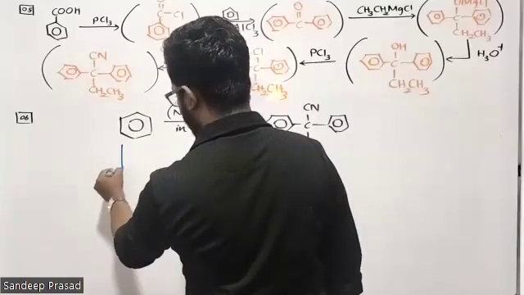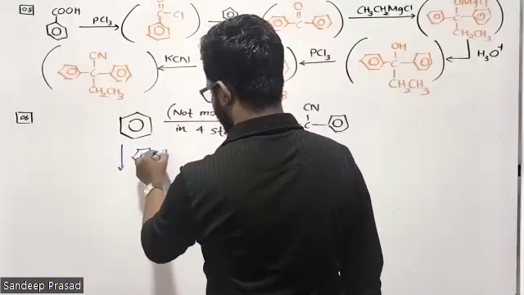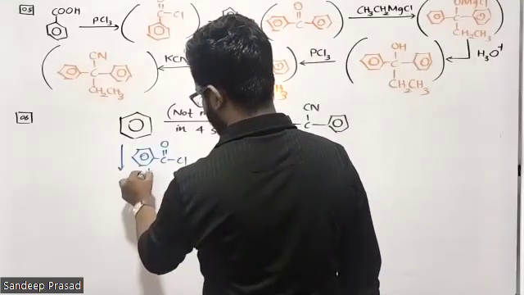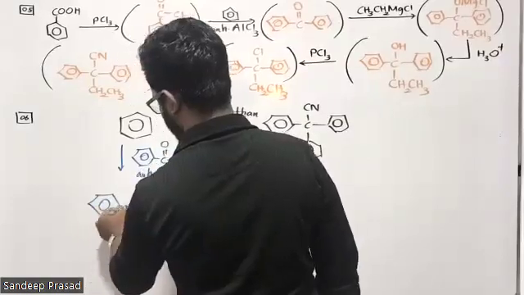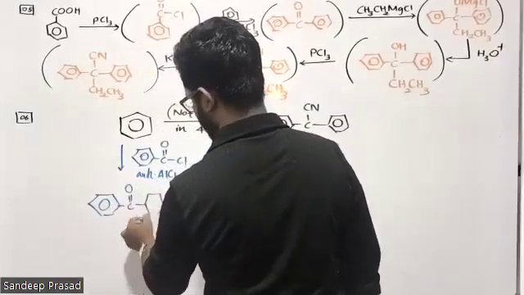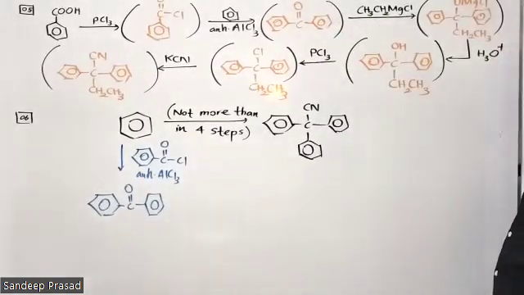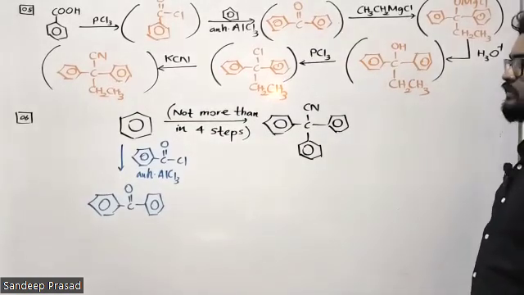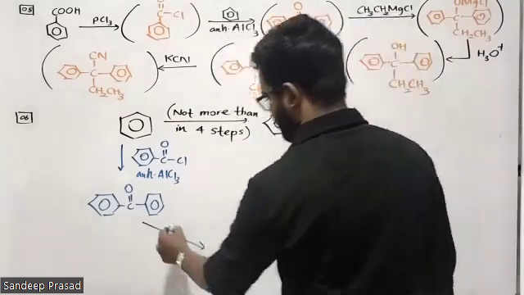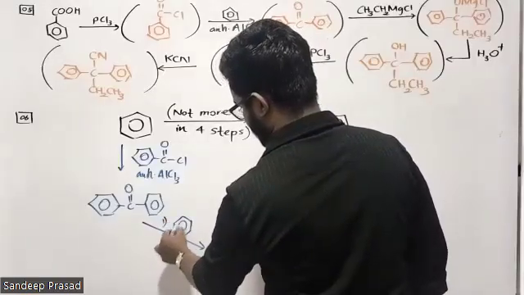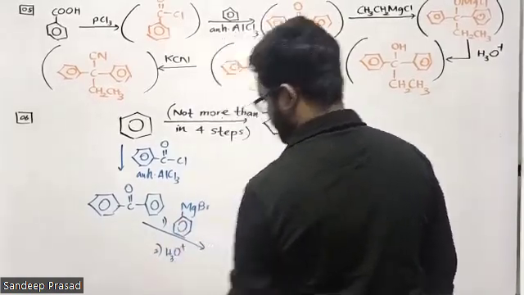So first of all, I'm going to add benzoyl chloride and anhydrous aluminium trichloride. Then we have this kind of a compound. Then what we can do, we can add here number 1, benzene magnesium bromide, then H3O plus.